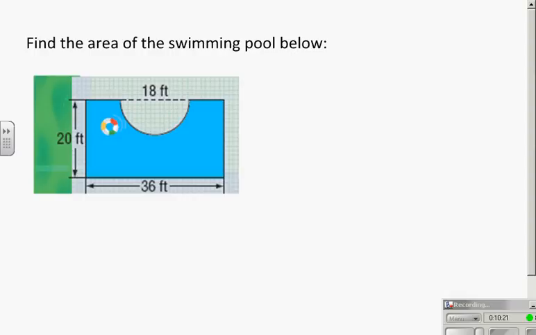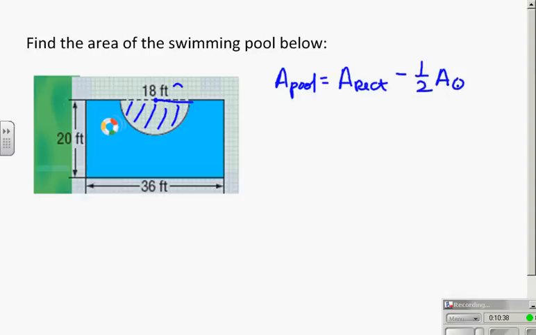Now this one gets to be kind of interesting because what we're dealing with here is a pool. So to find the area of the pool, the area of the pool is equal to the area of the rectangle minus 1/2 the area of a circle, because this region right here is really half of a circle with radius 9.